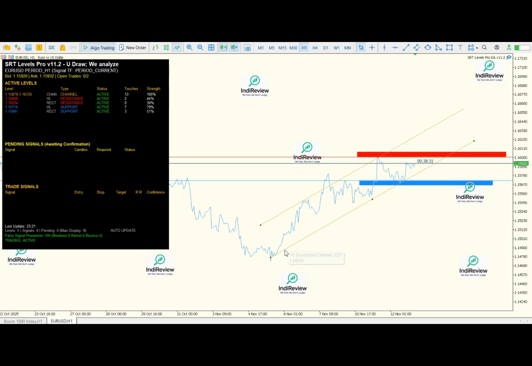The system will identify the lower parts of the channel as support and the upper parts as resistance. So if there's a breakout to the top, it goes for a buy. If it goes below, it goes for a sell. And if it bounces off or retests the support, it goes for a buy. If it retests on the resistance, it goes for a sell. So you can trade your channels as well.